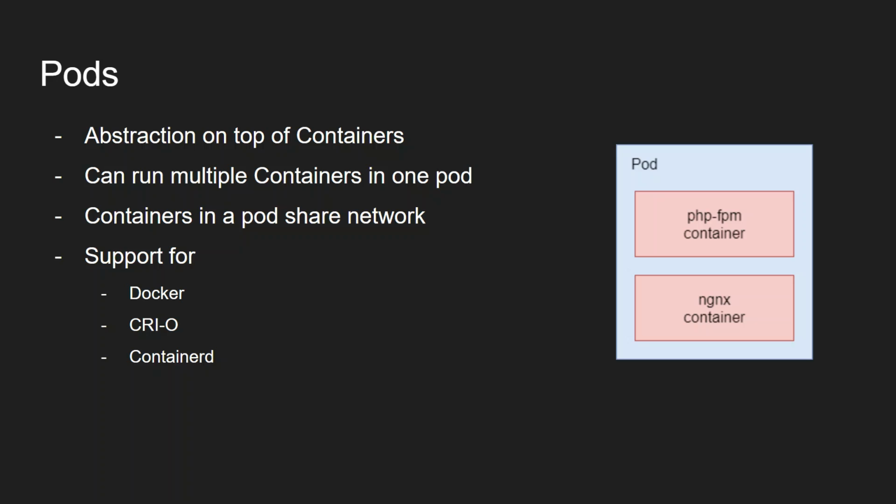If one container is going down, the second one cannot operate on its own. So we have to run both containers at the same time. If one dies, we can restart the whole pod. Yeah, so this is a pod.